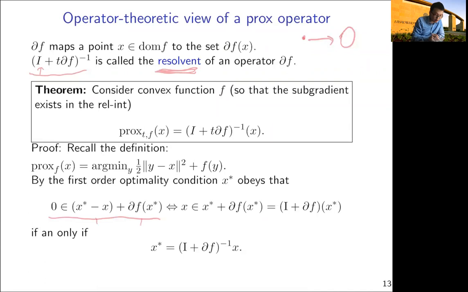If you just move X to the other side, you see that this satisfies this set inclusion condition. And now let's make it operators by combining this identity. So this X star is the identity operating on X star itself, and then combining the two operators together gives us I plus this partial F on X.